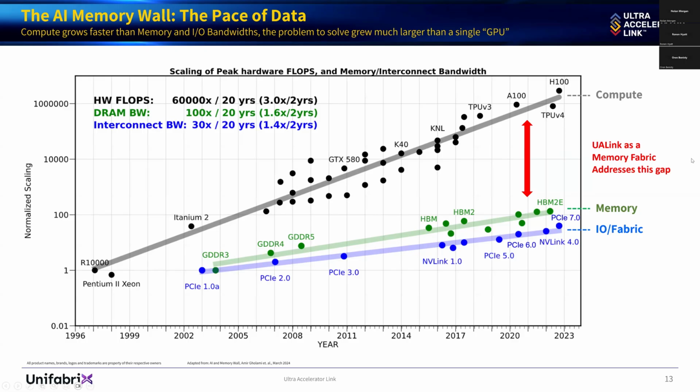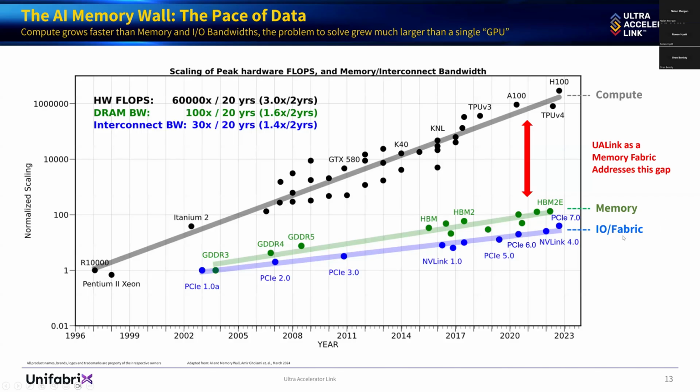And UALink as a memory fabric addresses exactly this gap. We have the compute, the GPUs, the accelerators, and UALink as a memory fabric brings us high bandwidth, low latency connectivity to memory, and as much memory as we can get, and being able to connect more memory, meaning that we can have more bandwidth going into the accelerator, into the compute.